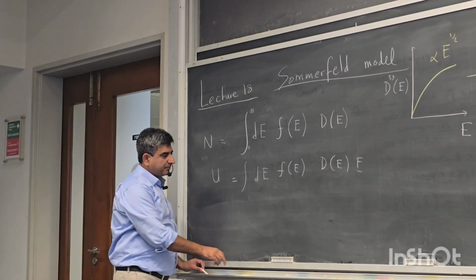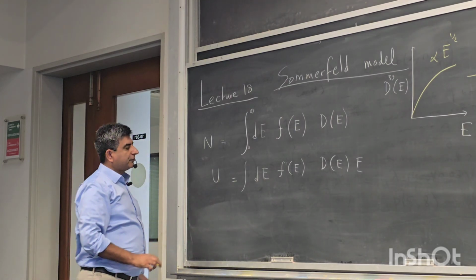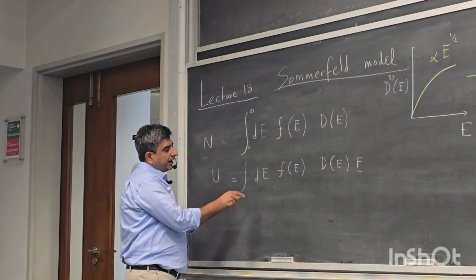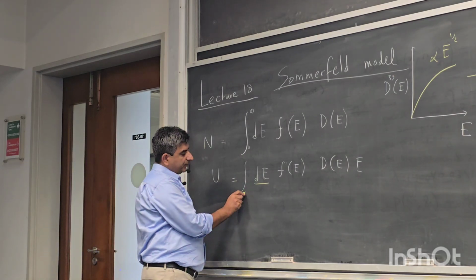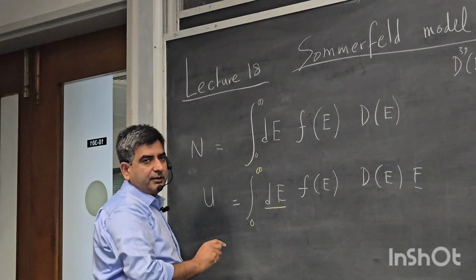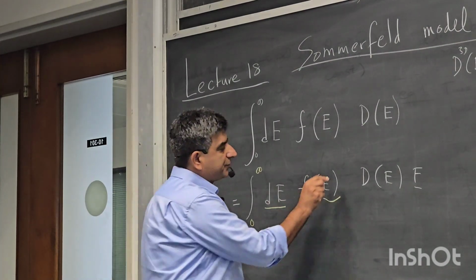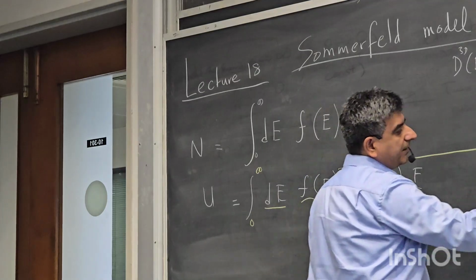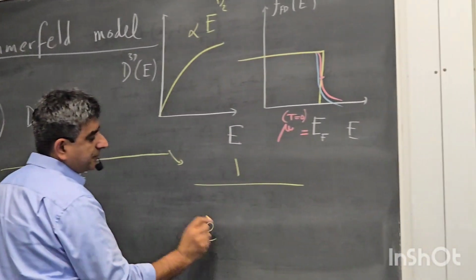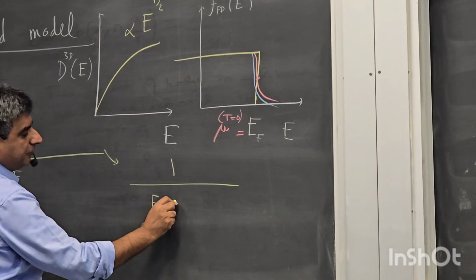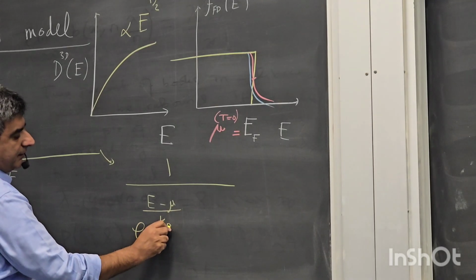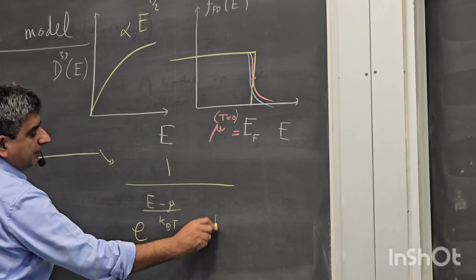So what is really happening is that if we would like to find out different quantities, we have an integral over energy from 0 to infinity, and we multiply a Fermi-Dirac distribution function, which, as you all recall, is given by 1 over e raised to power (E minus mu) over kBT plus 1.